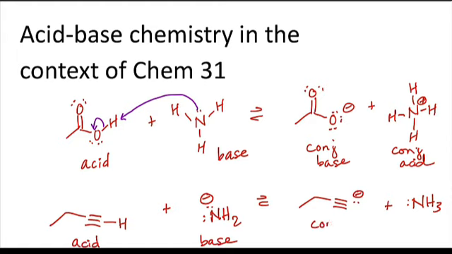Okay, the conjugate base has a negative charge on that terminal carbon, and ammonia is our conjugate acid.